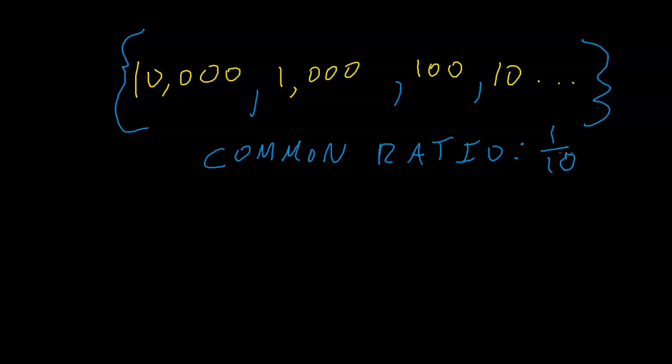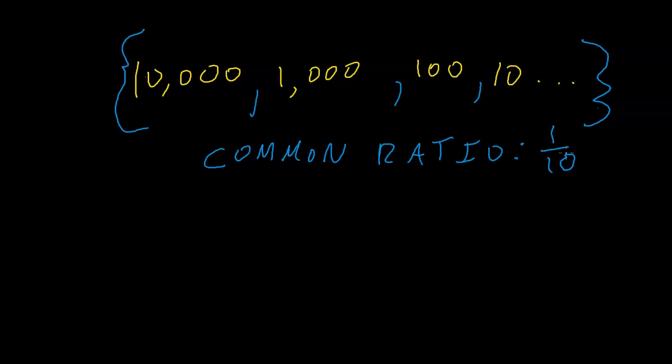So if we start with 10,000 and divide by 10, which is the same as multiplying by 1 over 10, we get 1,000. Divide by 10 or multiply by 1 over 10 again, we get 100. Do it again, we get 10.